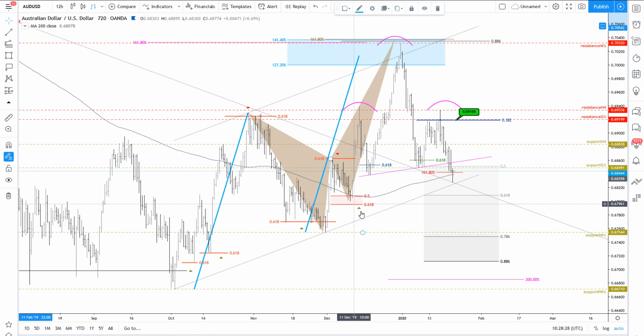Considering that knowledge, I decided, okay, I will enter the trade, even if the market decides to trade lower, I will take that risk. Not a huge long, but I traded to the trend line.